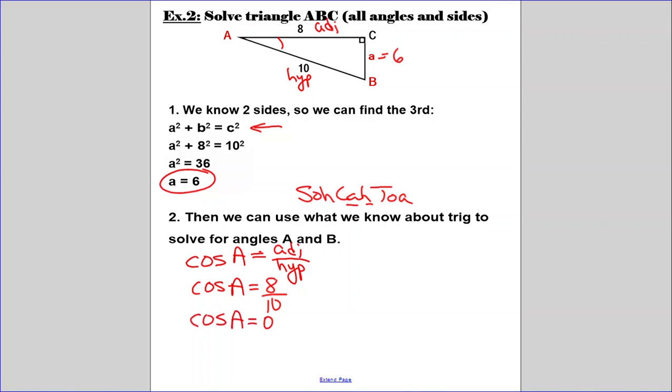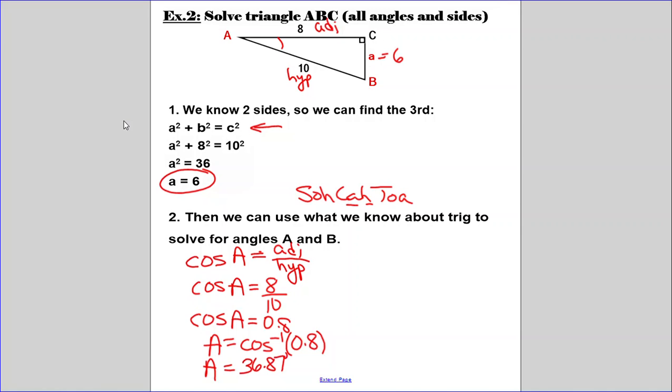Cosine of A is equal to 0.8, which means now I'm looking for the angle, so A is equal to cos inverse of 0.8 degrees. So A, in this case, if I do it on my calculator again, looking for that second function button for cos, second function cosine of 0.8 gives us 36.87 degrees.